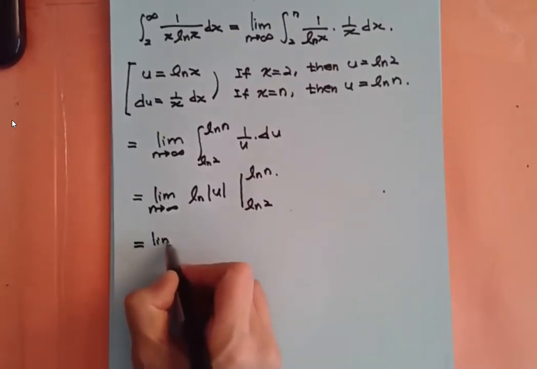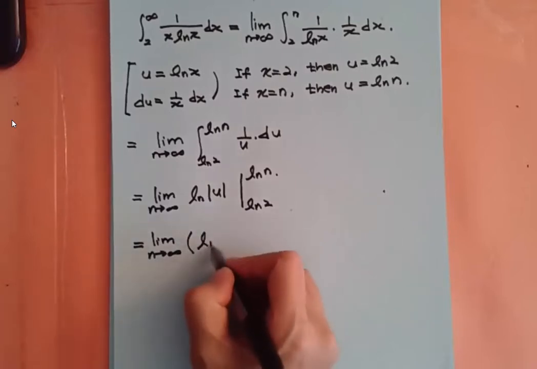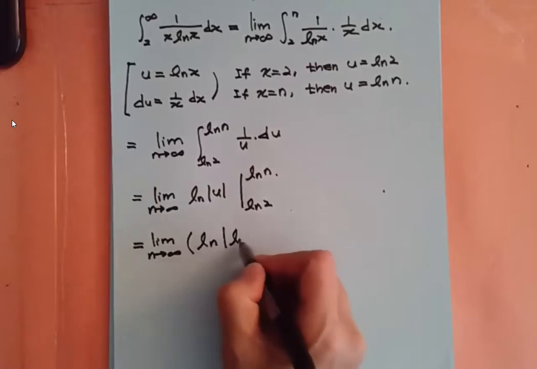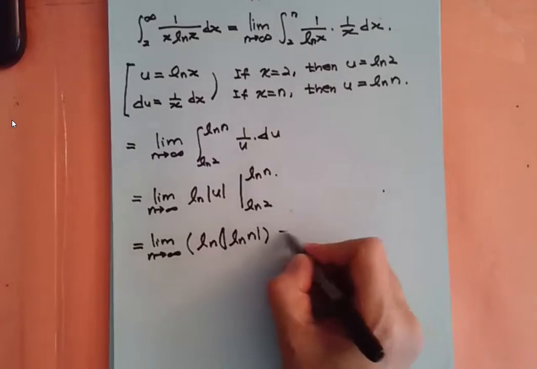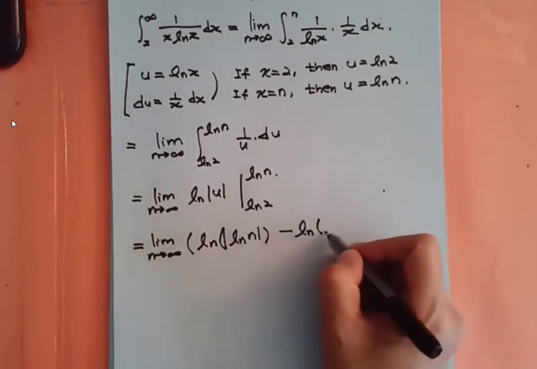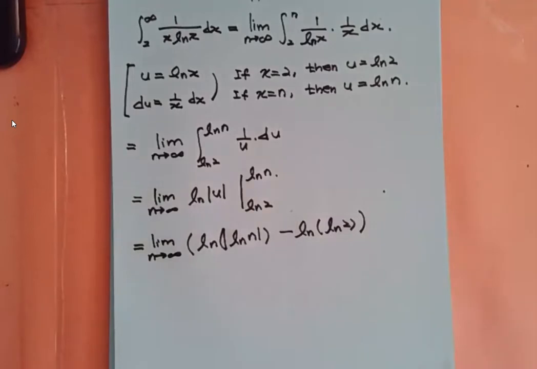So we have the limit as n goes to infinity of natural log of absolute value of natural log of n minus natural log of 2. So we have to determine whether this diverges or converges.